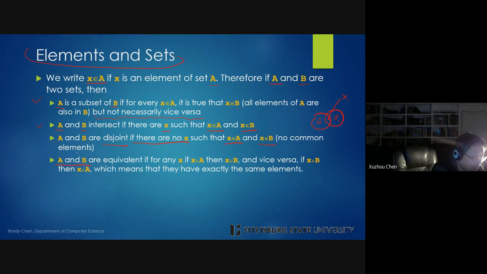If A and B are equivalent, then for any X, if X belongs to A, then X belongs to B, and vice versa. If X belongs to B, then X belongs to A. Which means that they have exactly the same elements.